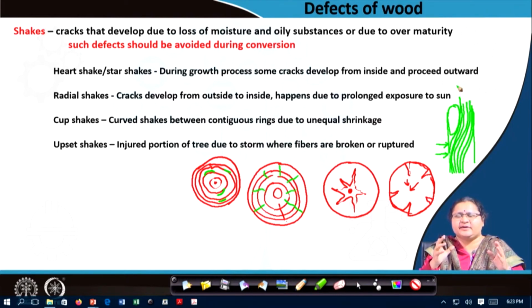So, shakes can be because of loss of adherence, or because of injury, or because of the continuous force of storm or wind in a particular direction, and the behavior or the pattern of the fibers gets deformed.